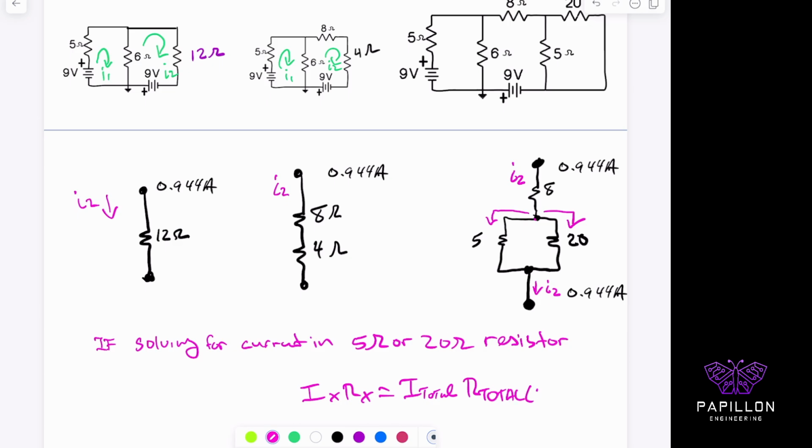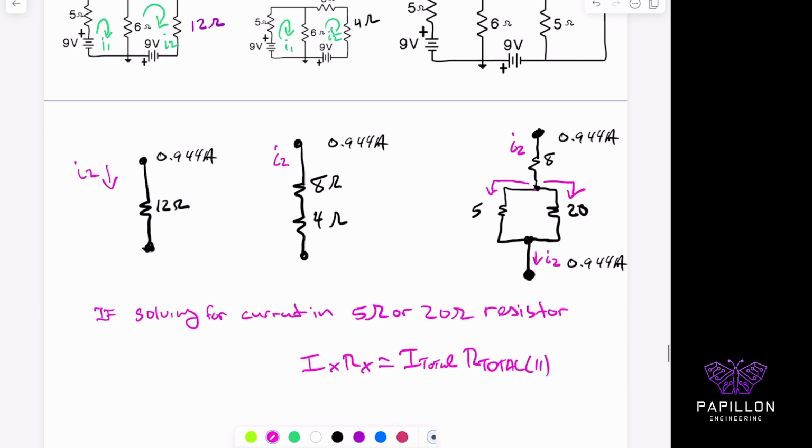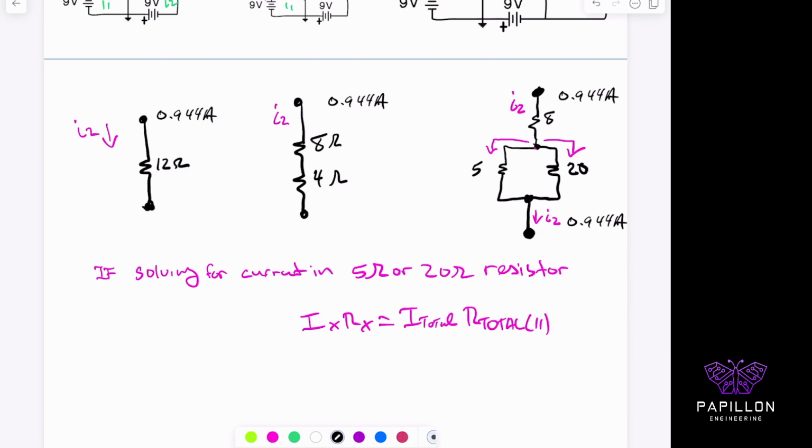And again, this is for the parallel pieces only. Okay, so the current total is the 0.944 amps, and my resistor total, right? So we did 20 ohms and the 5 ohms, but only the parallel piece. And what we found out before, that the 20 and the 5 makes the 4 ohms.